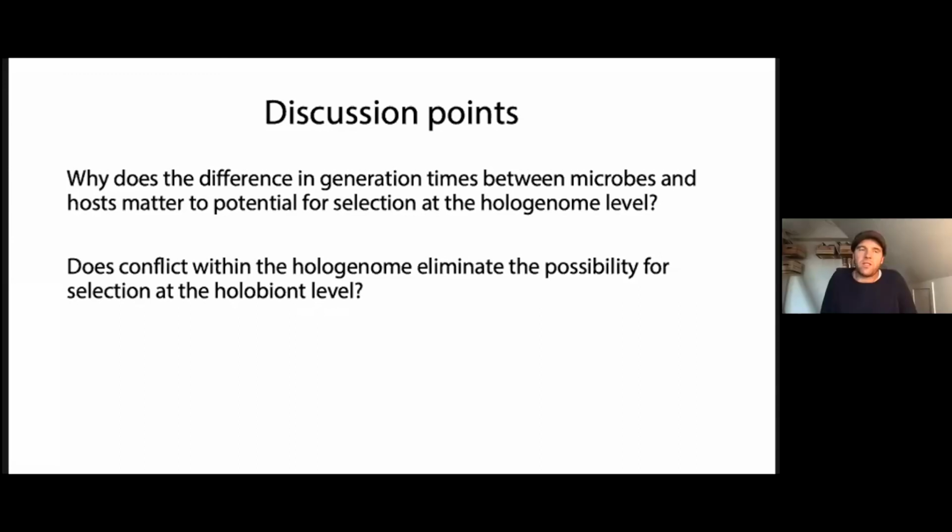To me, it's easy to see how selection acts on a phenotype that is the sum of the two. So it's a holobiont. But the actual heritable part that's selected for is either in the host genome or in the obligate microbiome or bacterial genomes, but it's not both.